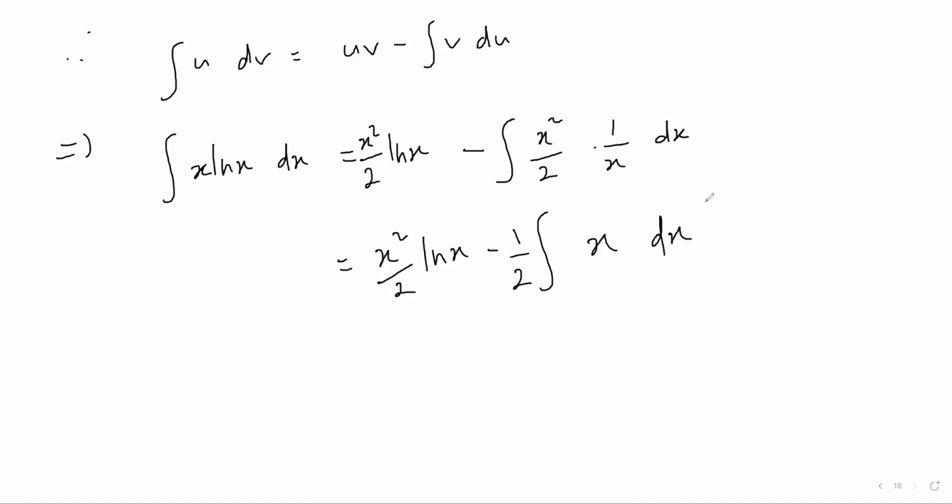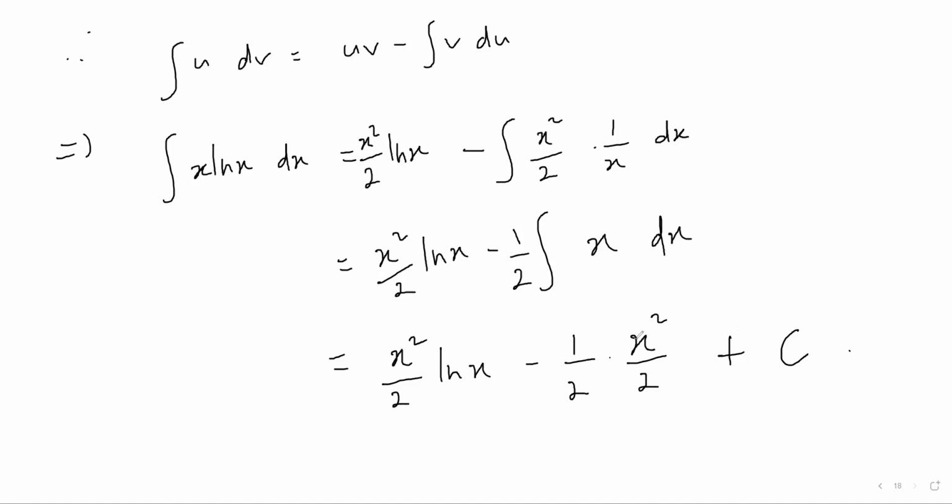You see, it's a much simpler integral. Now if you integrate x with respect to x, you get x squared over 2. So now you end up with x squared over 2 multiplied by ln x minus 1 over 2 multiplied by x squared over 2, plus your arbitrary constant c.